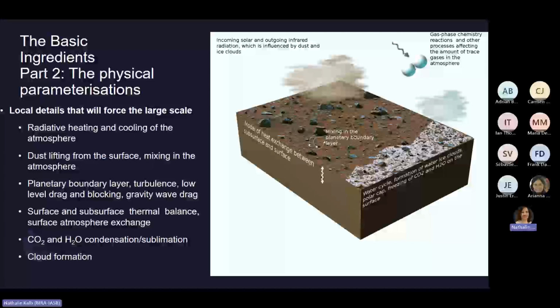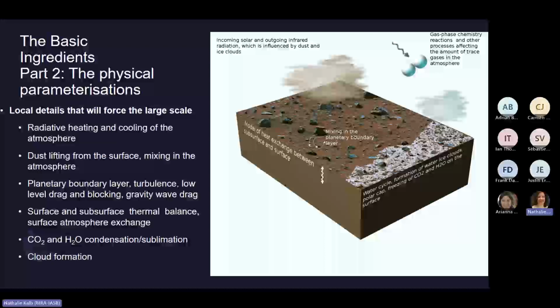So we have things like lifting from the surface, mixing up into the atmosphere, turbulence, gravity wave drag. You've even got like how the subsurface and surface heat transfer happens, CO2 and H2O condensation, sublimation off the surface, so your polar caps and things like that. You've got clouds. In some cases, you got photochemistry if you want.